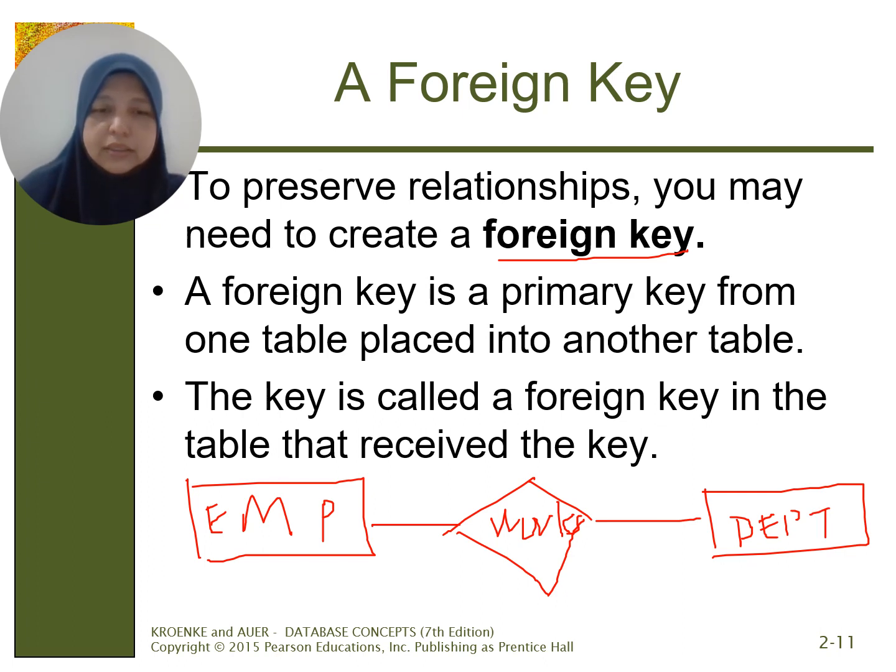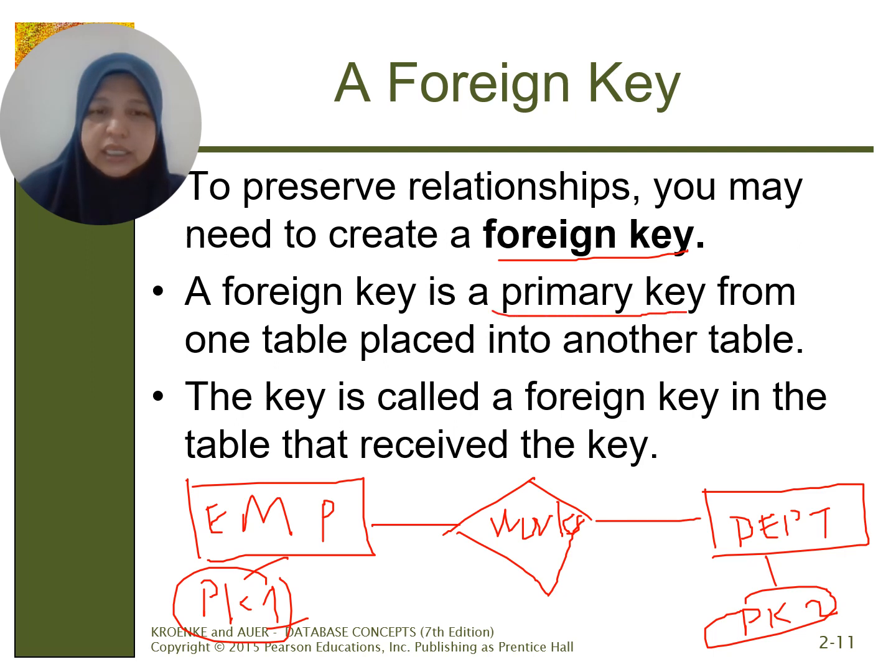Every entity or every table has to have a primary key. Let's say this is primary key 1 for employee, and PK2, primary key 2, for department. Now, a foreign key is a primary key from one table placed in another table.